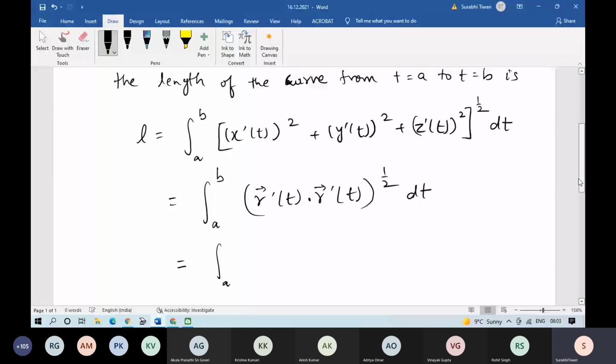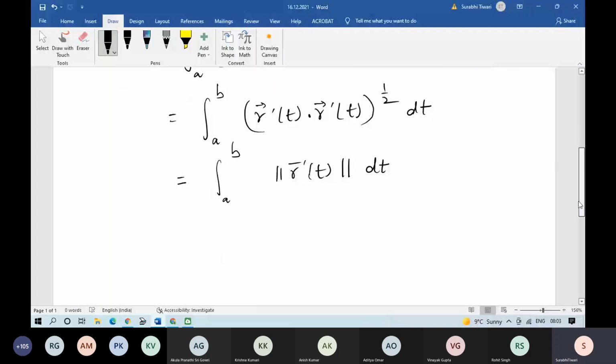And this is equal to the integral from a to b of R'(t) to the power half, which is the norm of R'(t), dt. Okay.